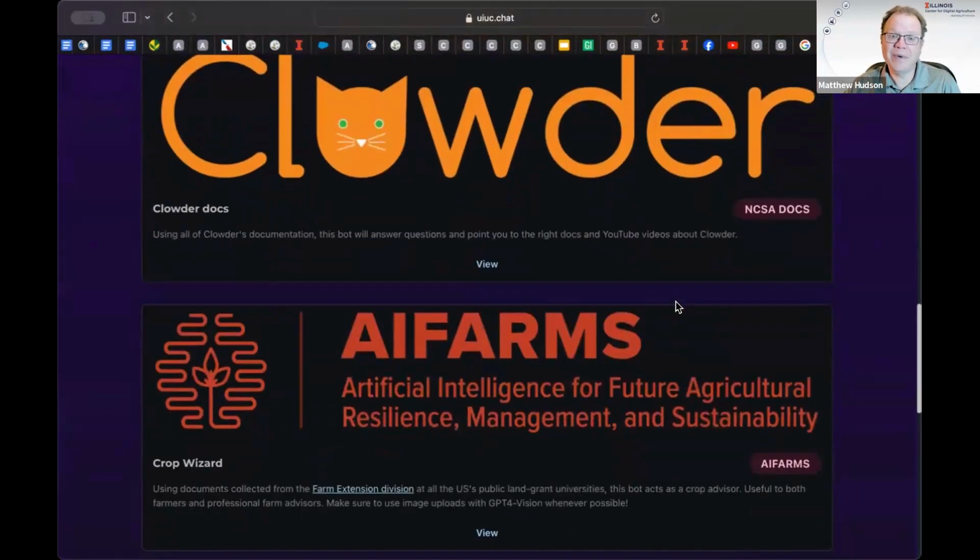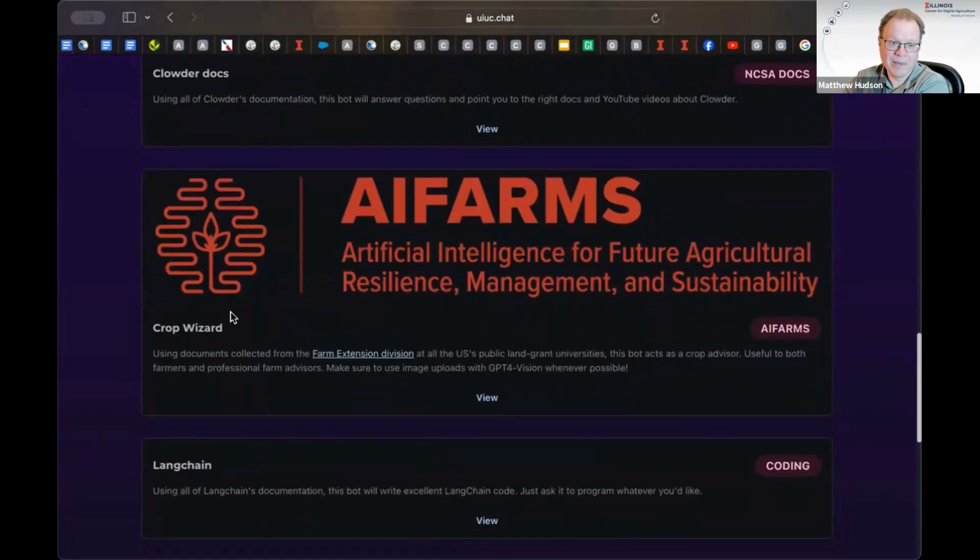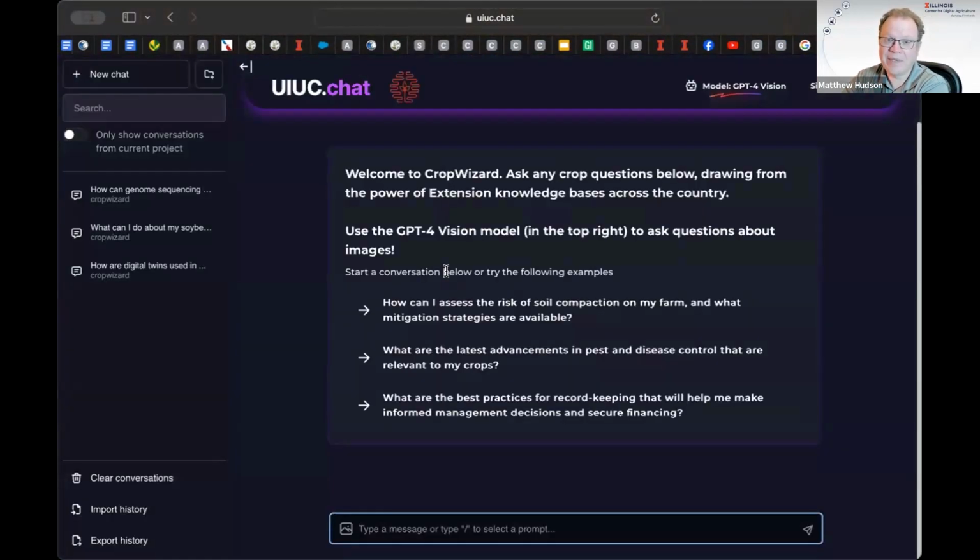There's an astronomy one. There's one on Clouder, which is a software platform. But here's crop wizard. We can just click on this and you can ask it your questions. If anybody's got any questions for crop wizard, I can pop them in there, or I can just put the URL in the chat. Otherwise, I can hand you over to Andrew, and then you can ask crop wizard your questions instead of me.